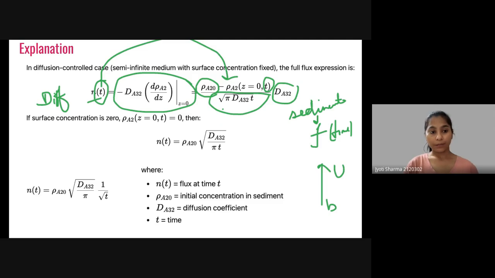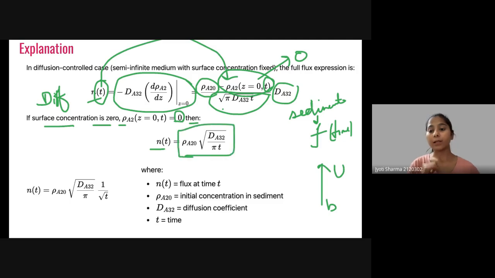So if your surface concentration is 0, if this part is 0, then your flux, that is a function of time, will be equal to this equation as a time function.